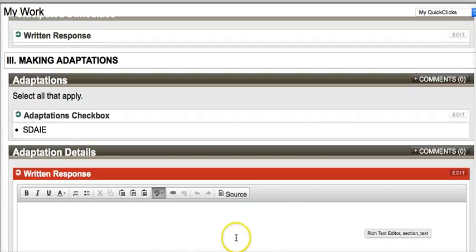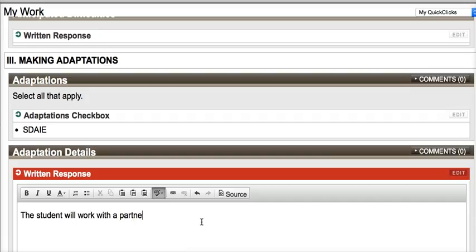Here I'm going to say, because I know in my head what it looks like, the student will work with a partner that is empathetic and has a relationship with the ELD student.